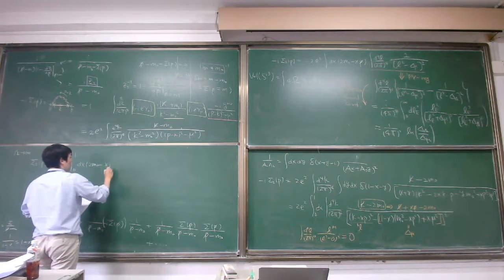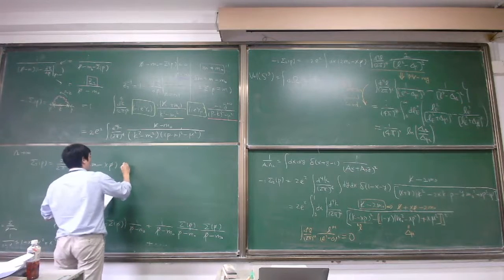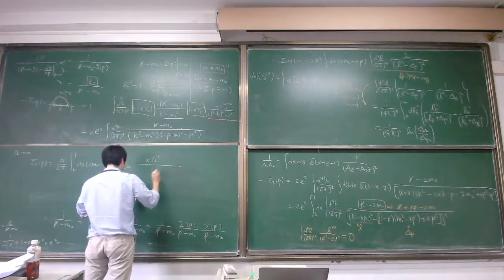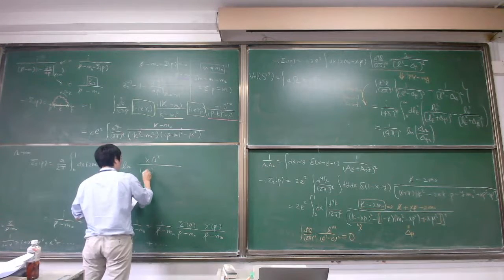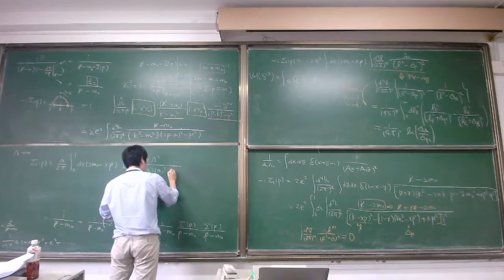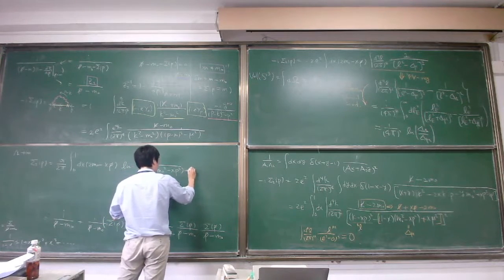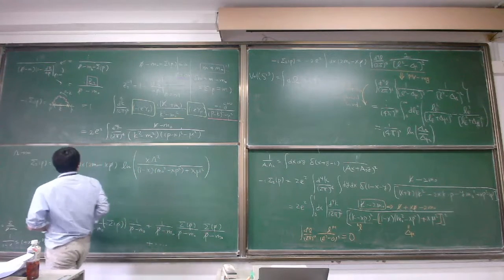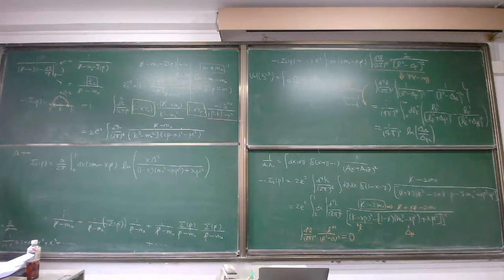(1 minus x) p-slash log of λ² (1 minus x) over m0² minus x p² plus x μ². Okay, that's the case.